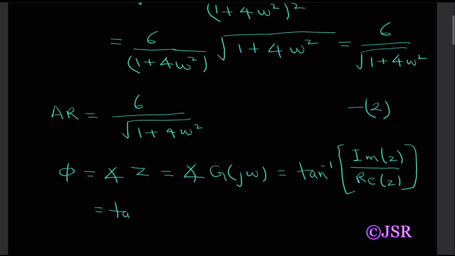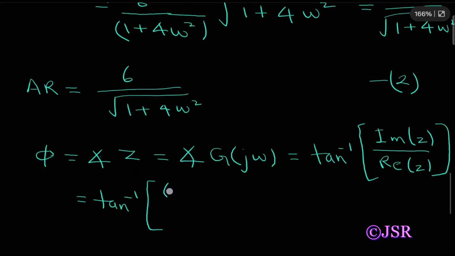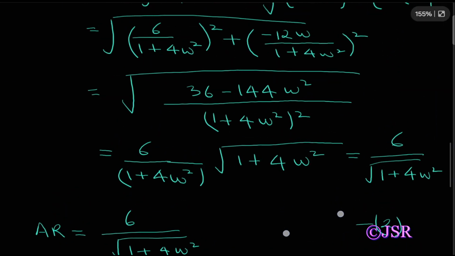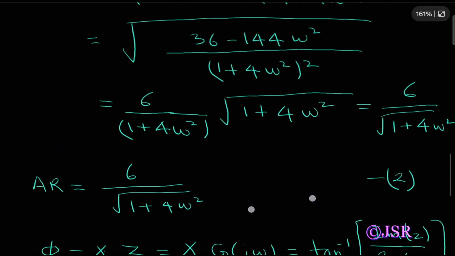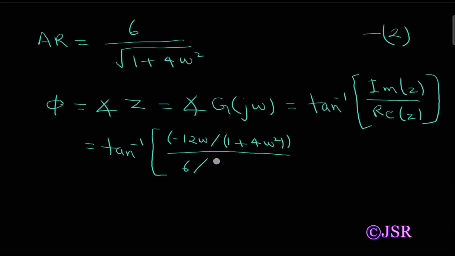So we will have tan inverse, and the imaginary part is minus 12 omega upon 1 plus 4 omega square, and the real part is 6 upon 1 plus 4 omega square.